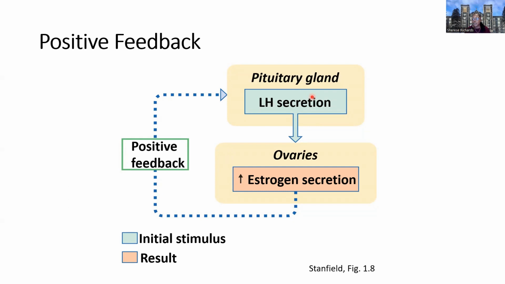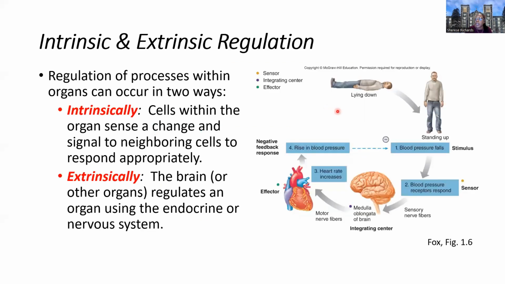Then we have that spike in LH, and then we have ovulation, and then this goes back to being a negative feedback loop. All right. So positive feedback is a very rare occurrence, but is actually an important part of some larger negative feedback cycles.